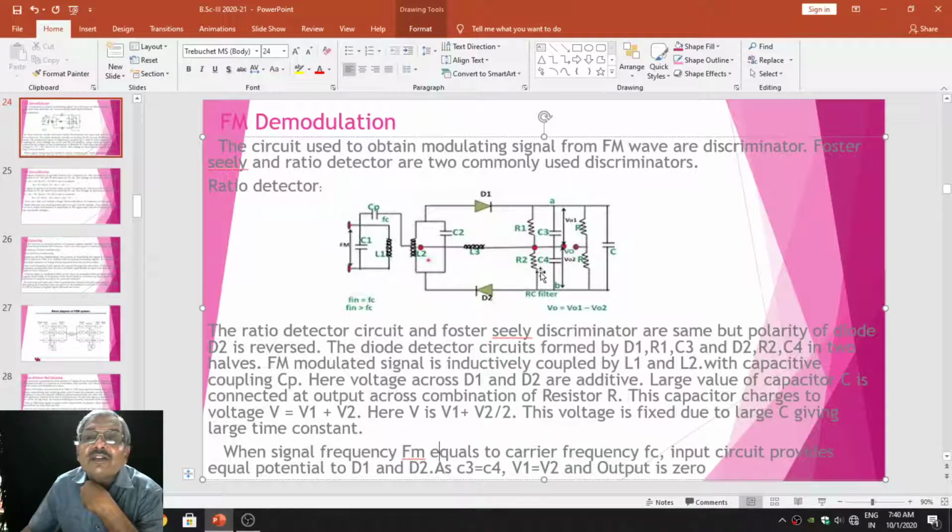As C3 is equal to C4 and R1 is equal to R2, V1 is equal to V2 and both are additive in opposite direction, and that's why the output is 0. This is true provided the input modulating frequency is equal to the carrier frequency.